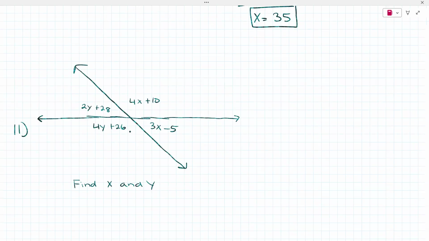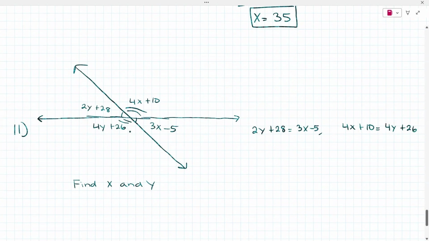We know that this angle here is congruent with this angle, and then this angle here is congruent with this angle, right? So you kind of set it up. You're going to say 2y plus 28 equals 3x minus 5, comma, and then this angle here is going to be 4x plus 10 equals 4y plus 26.